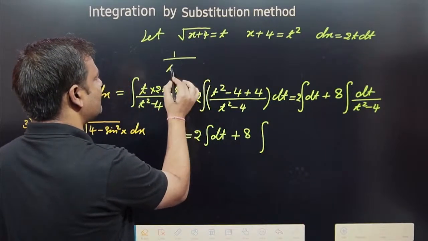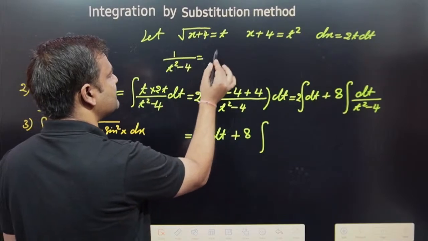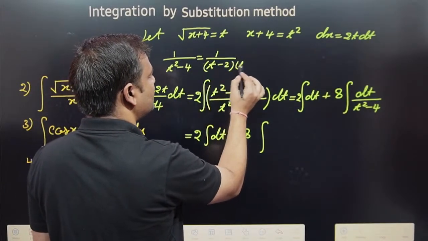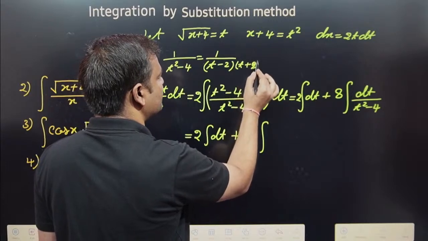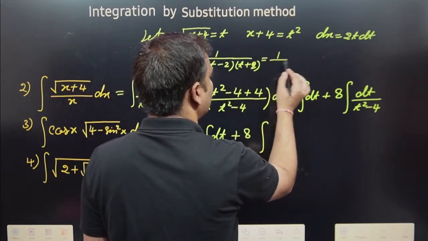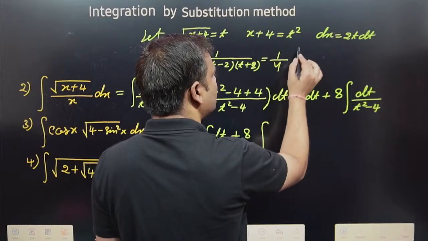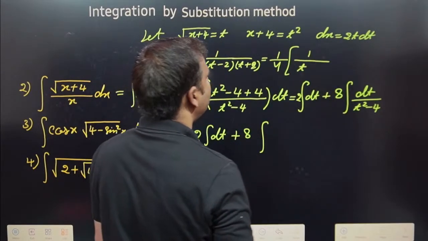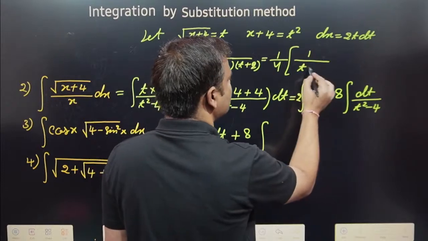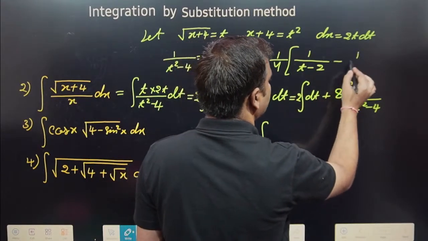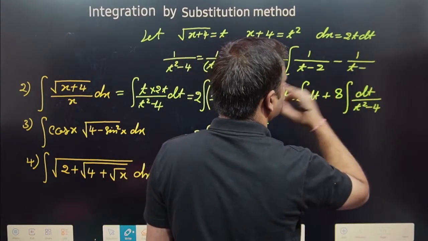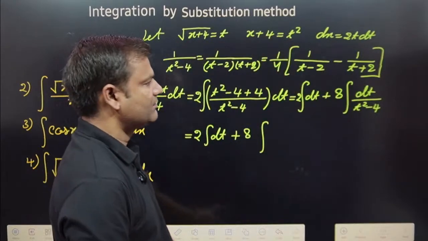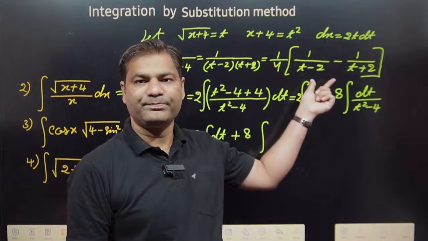Basically 1 upon t square minus 4 is written as t minus 2 into t plus 2, and that is written as 1 by 4 into 1 upon t minus 2, upon t plus 2, using partial fractions.